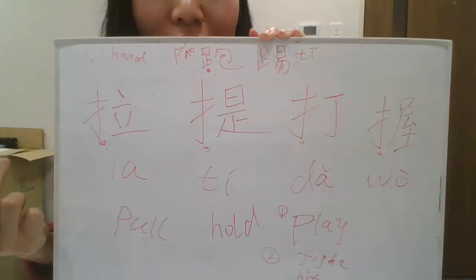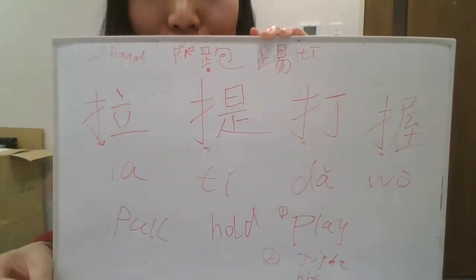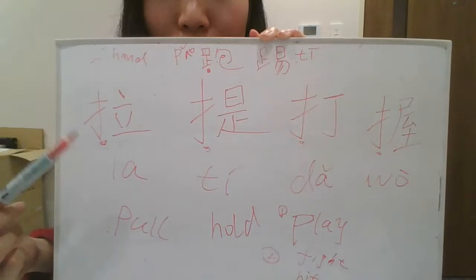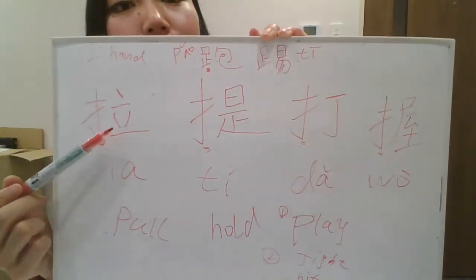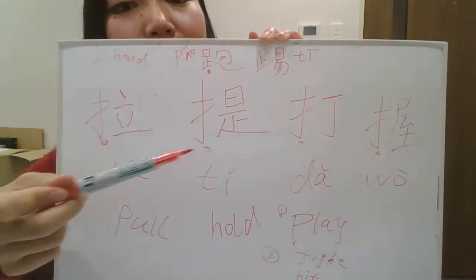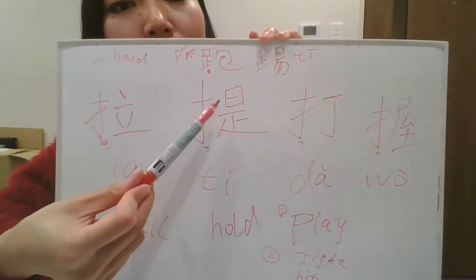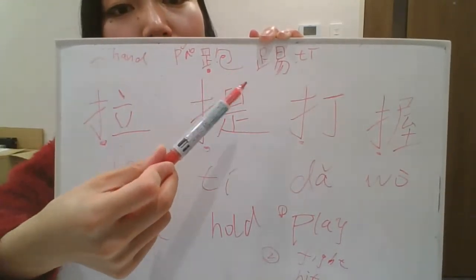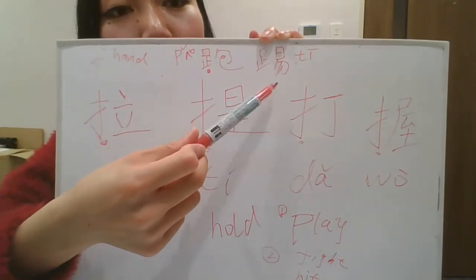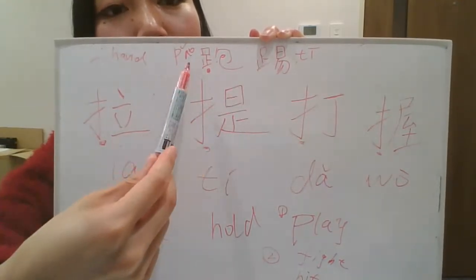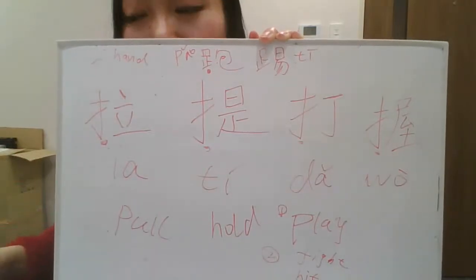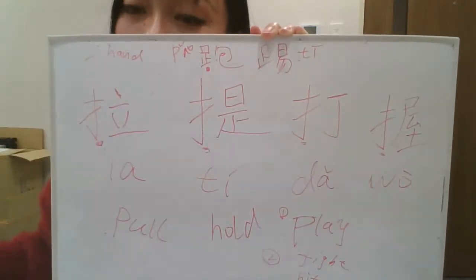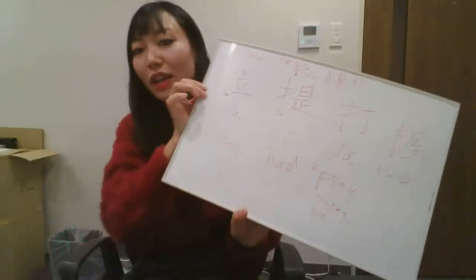You don't need to really understand, but it's a good way for you to remember Chinese. So this is the hand, and this is your feet. Ti means to kick, pao means to run. Any questions? If you have any questions, you can ask me, because I think it's a good opportunity to learn more Chinese.